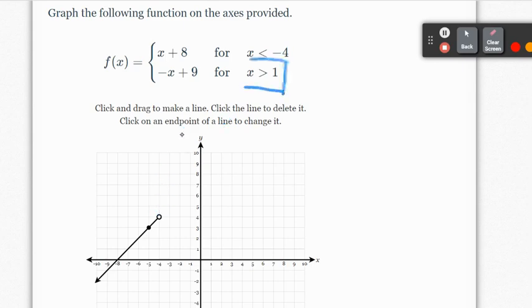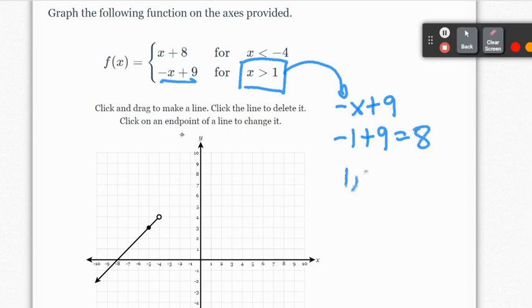Very same work moving off to the right. I'm going to start with the 1 and plug it into this function, -x plus 9. Plug in the 1, and you get -1 plus 9, which gives you an 8. So the coordinate 1, 8 is where I start. And then from there, I need a slope of -1, so I'm going to go down 1, right 1.